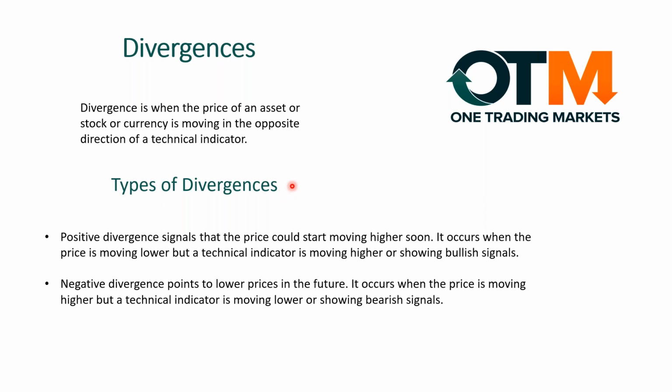Now we have two main types of divergences. So we have a positive divergence, which signals that the price could start moving higher soon. It occurs when the price is moving lower, but the technical indicator is moving higher, showing a bullish signal.